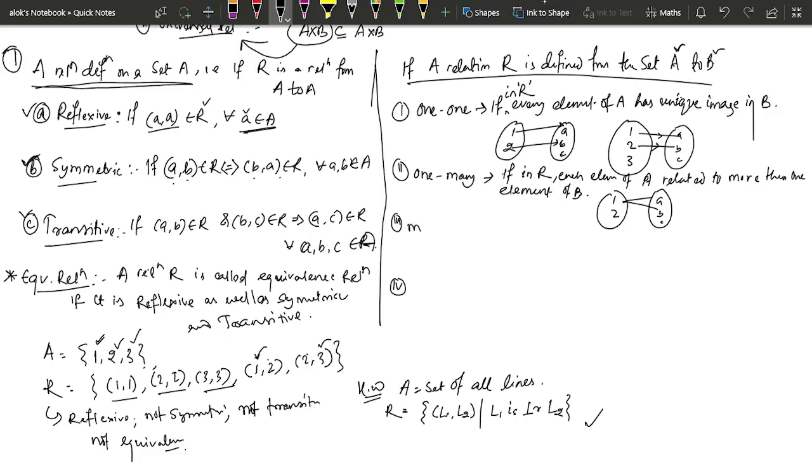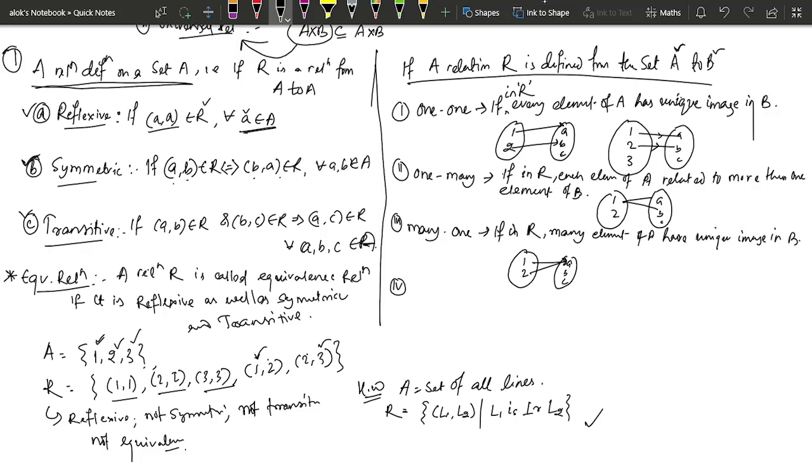The third one is many-one. So this is also similar, that is if many elements of A have a unique image in B, that is, suppose {1, 2} and {a, b, c}, here 1 has image a and 2 also has image a.